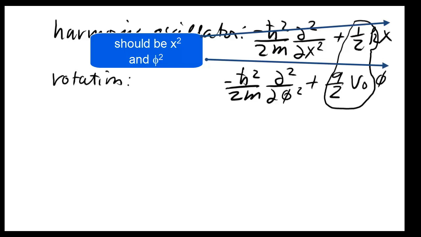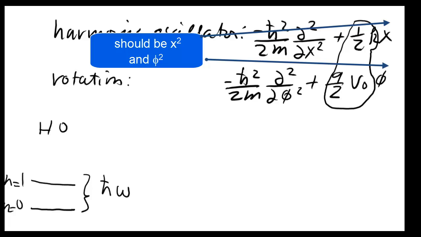So for the harmonic oscillator, I'll abbreviate that HO, for example between n equals 0 and n equals 1, we had an energy level spacing equal to h bar omega. And these energy level spacings were the same whenever you go up by 1 in quantum number.